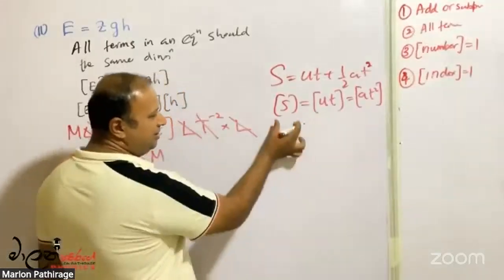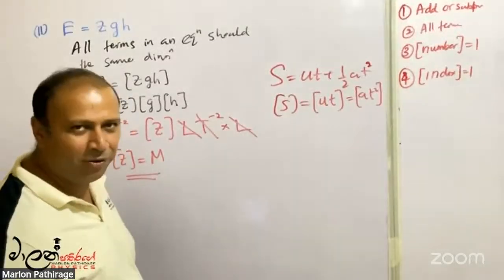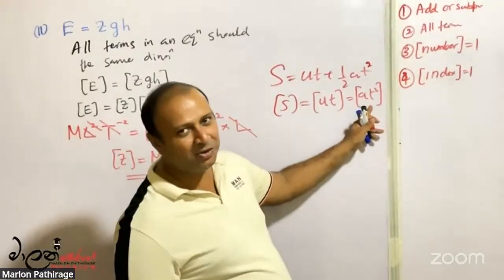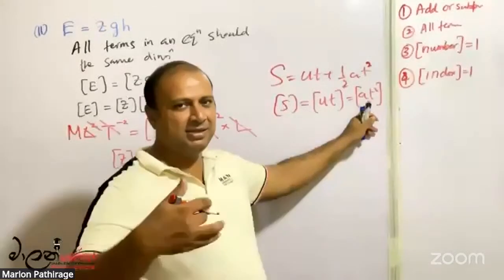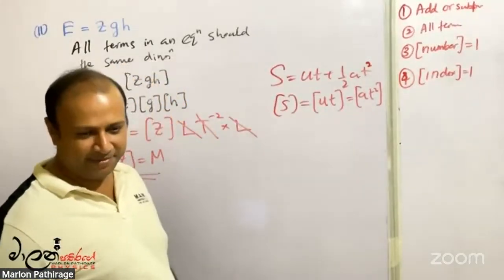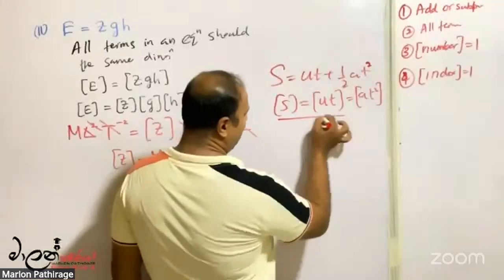But the thing is, this is a very simple one. S is a length, therefore that is equal to L. Otherwise, you have to simplify the other thing also. This is for convenience. You can take S and consider this.